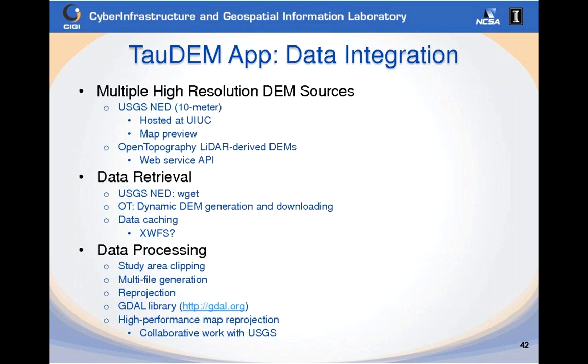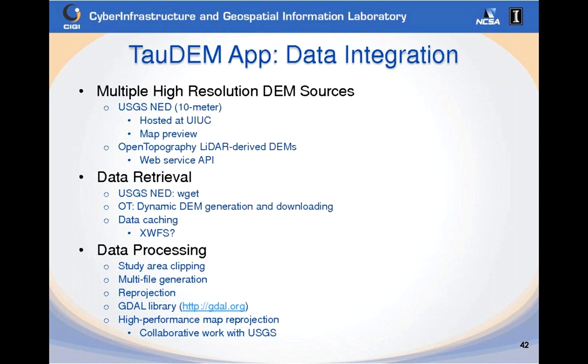For TauDEM application development in particular, the major challenge we dealt with is threefold. The first is data integration. There are so many DEM sources. The major source we use is the USGS national elevation data. We also use OpenTopography data, and users can have their own data.